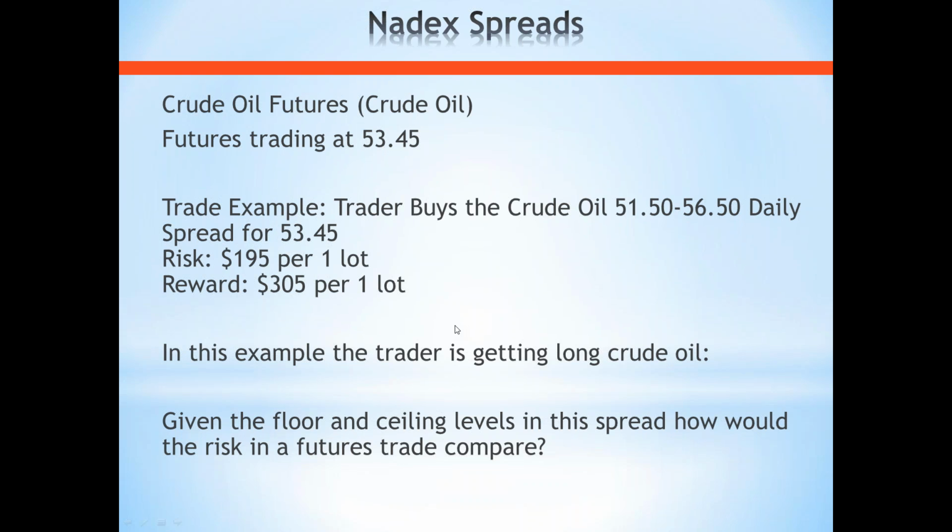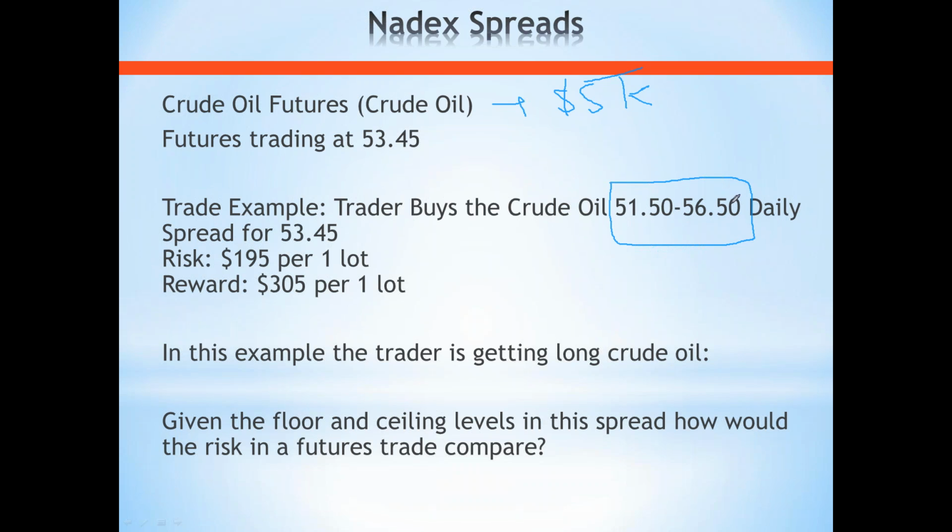Now let's do the same analysis that we just did in the S&P contract. How many points wide is this spread? 5 points, right? So in futures, this would equal a $5,000 wide move per one lot.